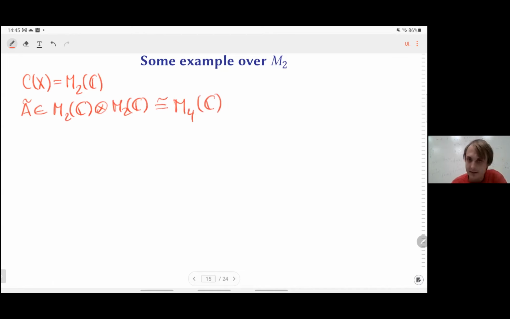And if I want some projection in 4 by 4 matrices, then this is just characterized by a vector subspace of C4, right? So it is really easy to come up with an example. This is what I wanted to highlight.